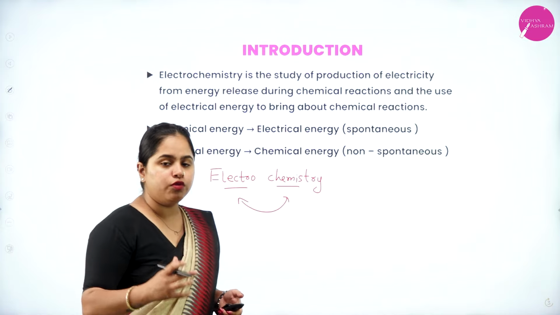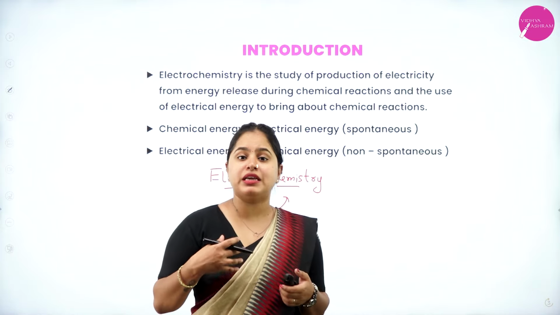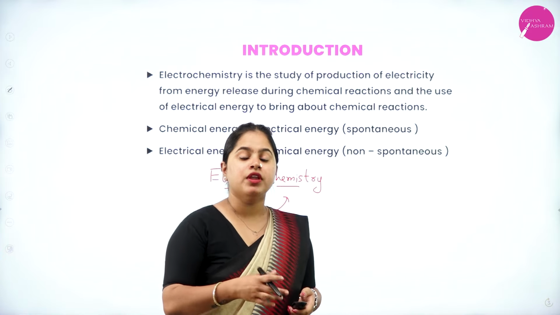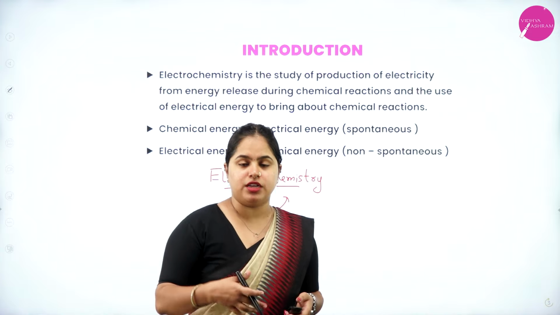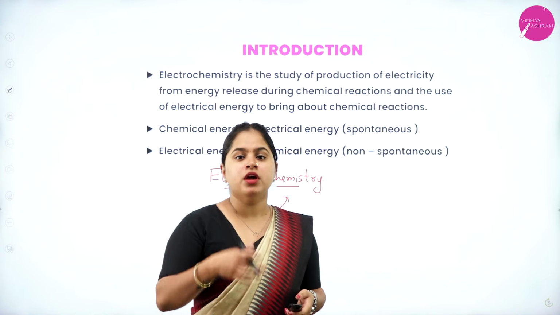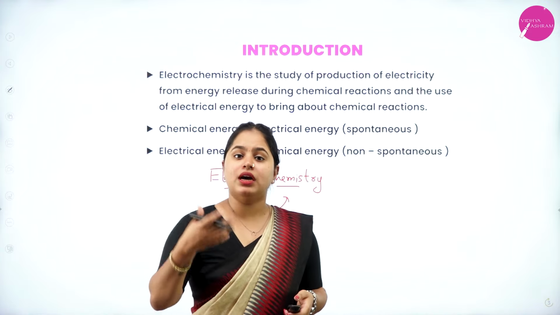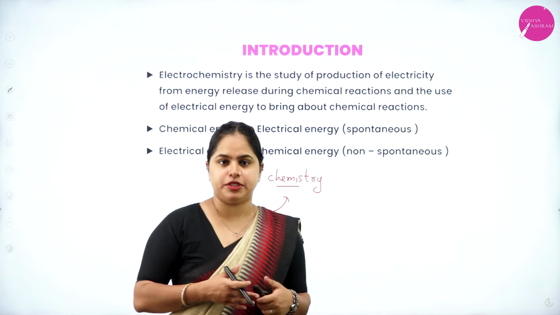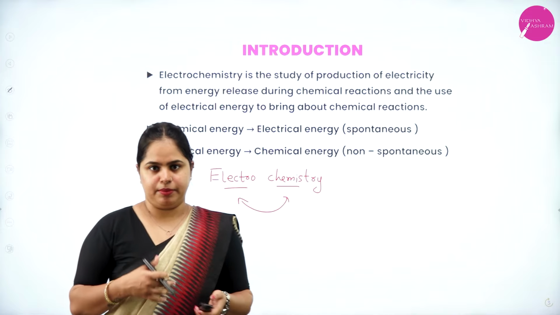That means how, when chemical reactions occur, they can be converted into electrical energy, and once electrical energy is given, how can you bring about a chemical reaction. So it is basically an interconversion between electrical energy and chemical energy.